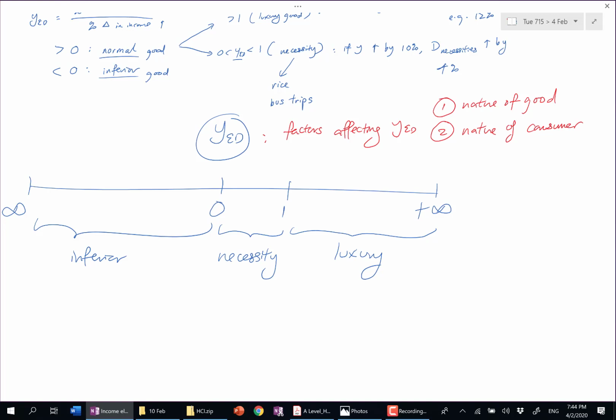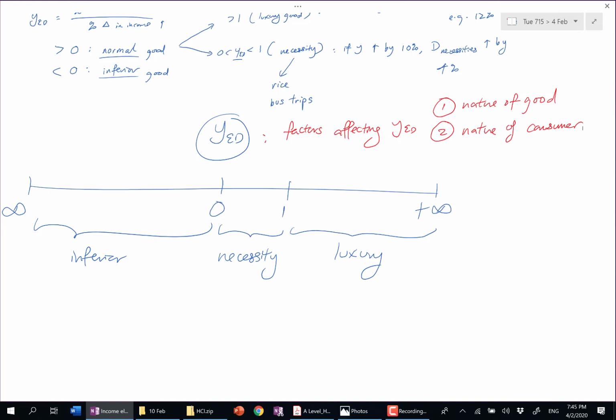So to some consumers, fast food is a normal, if not luxury good. But for some consumers, fast food is inferior. Like you want to celebrate, let's go to a Michelin star restaurant. Who goes to McDonald's? So it could depend on the nature of the consumer. You're right in a sense. By looking at what people regard as normal goods and inferior goods, you can get a sense of how wealthy they are, the income level of the country.